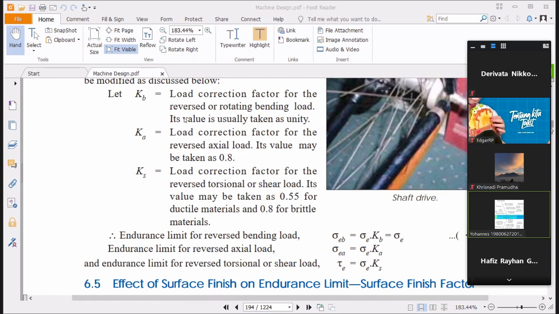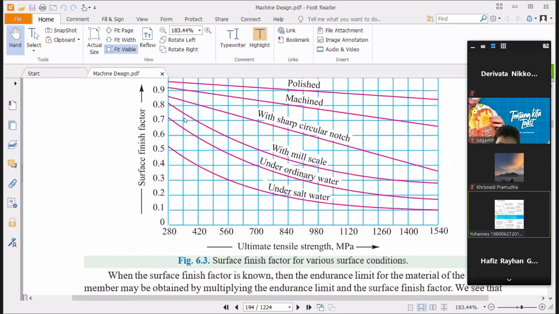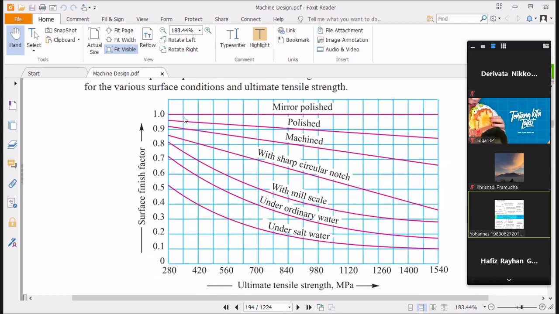Okay, so next we have here the surface finish effect on the endurance strength. And all of this information is related with steel material. So for other types of material, we have to find the correction factor for the type of load and also the surface finish factor.